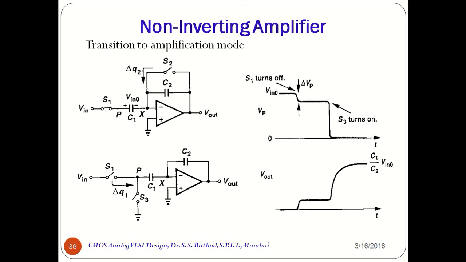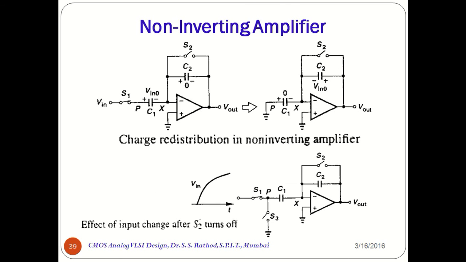From another perspective, we can say that the charge on the right plate of C1 at the instant S2 turns off is approximately equal to minus Vin0 C1.